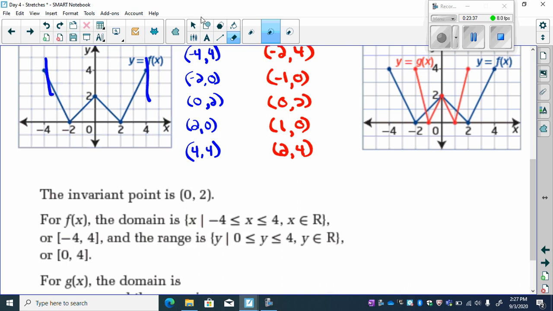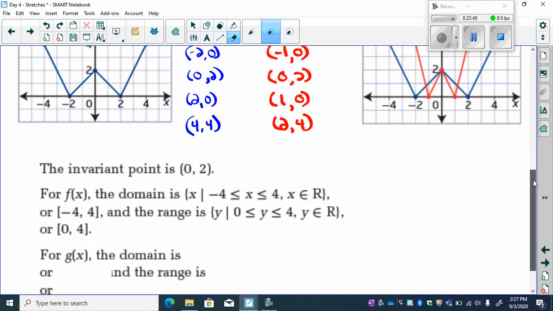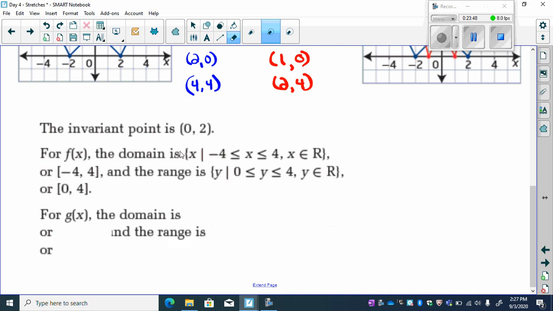Now, for g of x, the transformed curve. Okay, see if we can do it without even looking at the picture itself. What did I do when I manipulated these points? Did I manipulate the x's or the y's? Well, check it out. The x's, I cut them in half. So if you're manipulating the x's, you're definitely changing the domain. So the domain went from -4 to +4.